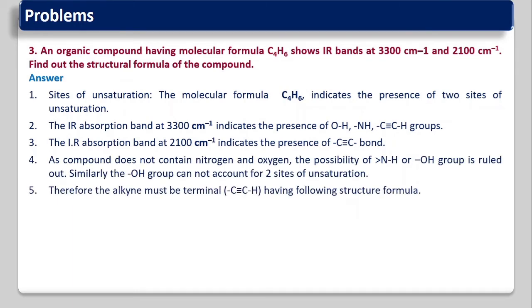Therefore, the alkyne must be terminal, having the following structural formula: CH3, CH2, C triple bond CH, and write the IR frequencies for the proper bonds. The terminal CH of the alkyne absorbs at 3300 cm⁻¹, while the carbon-carbon triple bond absorbs at 2100 cm⁻¹. In this way we can find the structure of the molecule.